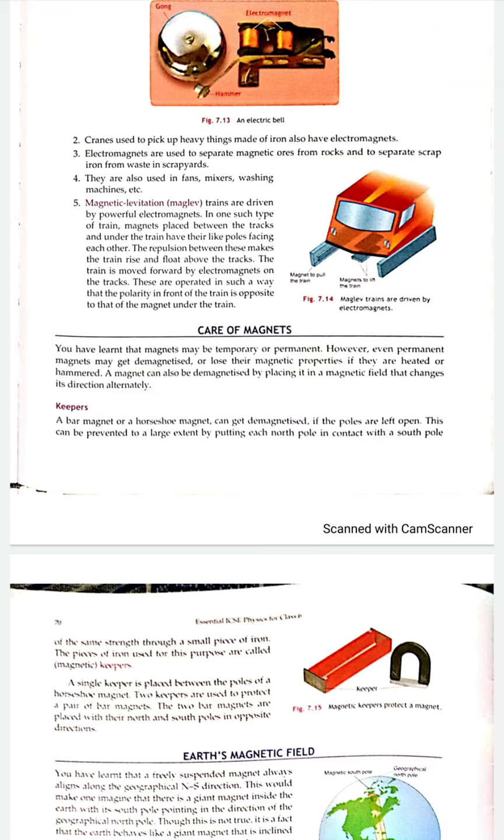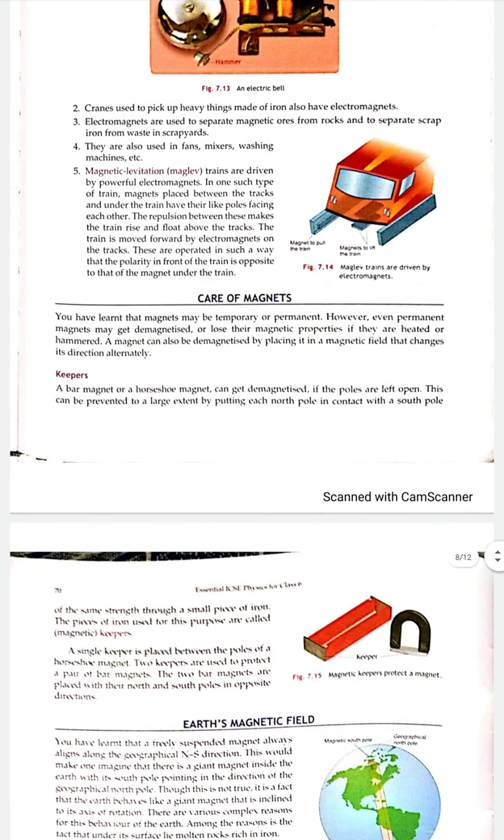In this way, it is able to prevent the loss of magnetic power. In the case of a horseshoe magnet, a single iron piece is able to retain the magnetic power, but in the case of bar magnets, we have to use two iron keepers for the two bar magnets.